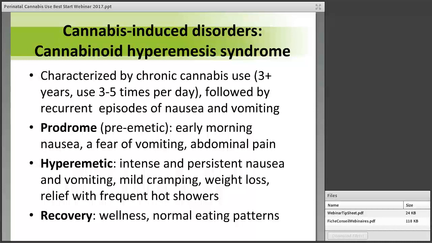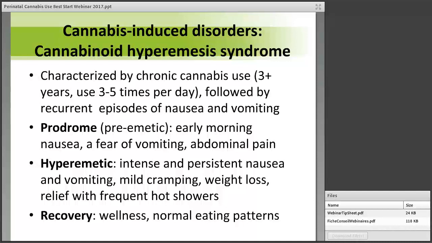These are women who've been using regularly for more than 3 years, multiple times throughout the day, where they have episodes of hyperemesis, so frequent nausea and vomiting, and then they get relief with hot showers, and the pattern just continues on and on. This prodrome where they feel unwell can go on for months or even years before it goes on to the hyperemesis. But frequently it may come out more when they're pregnant.